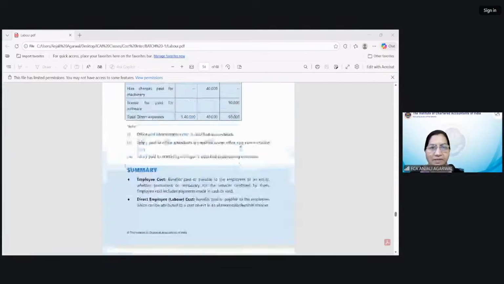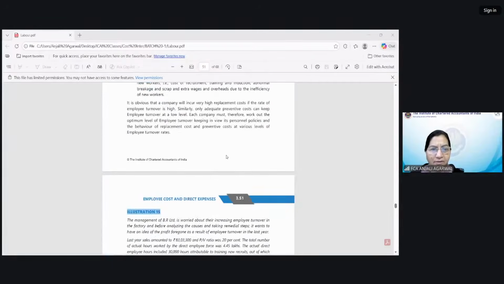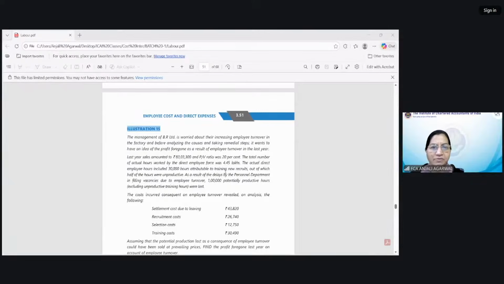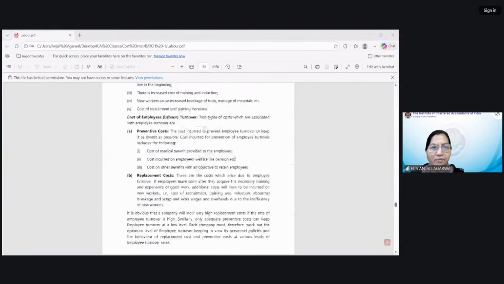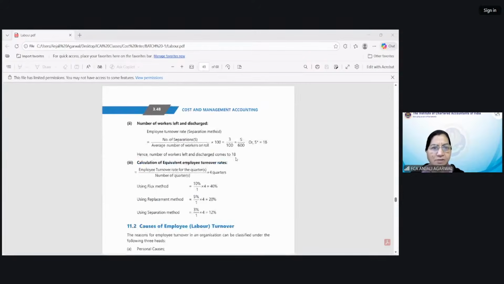One small aspect that is remaining from labor is how you treat turnover. This is the same question which we discussed with different figures. I'm sure you will be able to manage this.